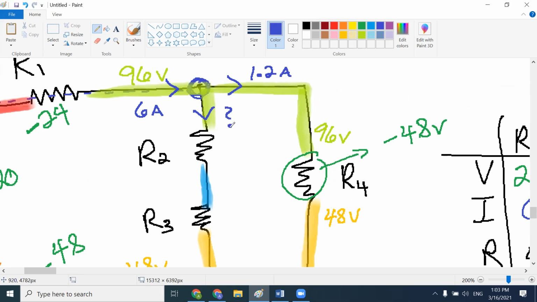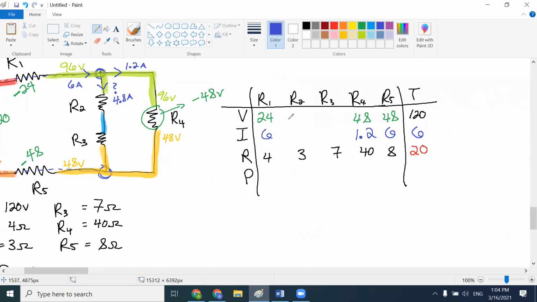What does this one have to be? 6 came in, 1.2 kept going straight. How many turned right? Hmm. 4.8 amps. 4.8. 4.8. Hey, we know something very big. This will show you. Am I doing it right?